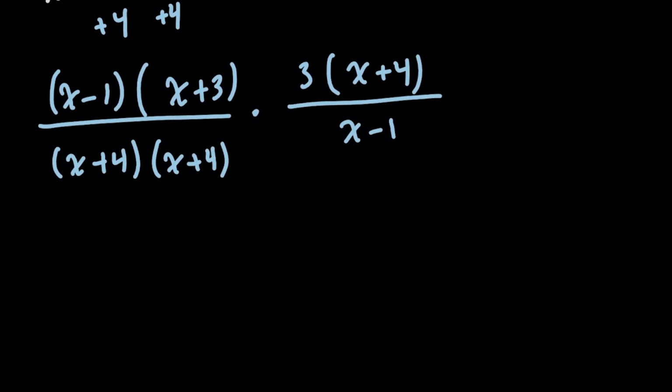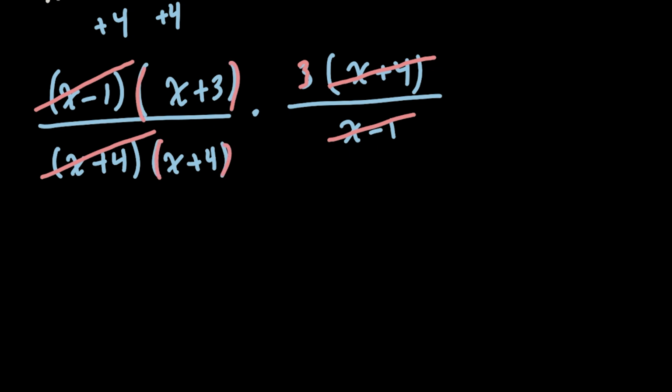As you can notice, here we have x minus 1 and here we have x minus 1, so it's gone. Here we have x plus 4 and here we have x plus 4, so it's gone too. The remaining part is this 3, this, and this.